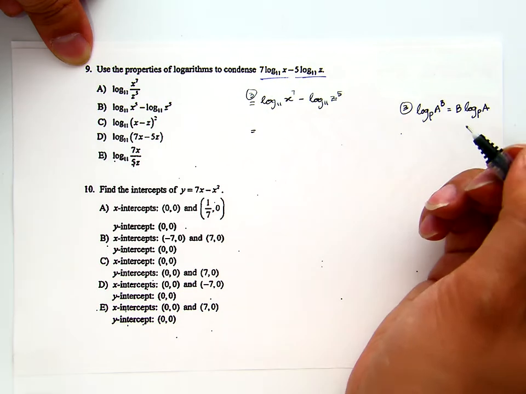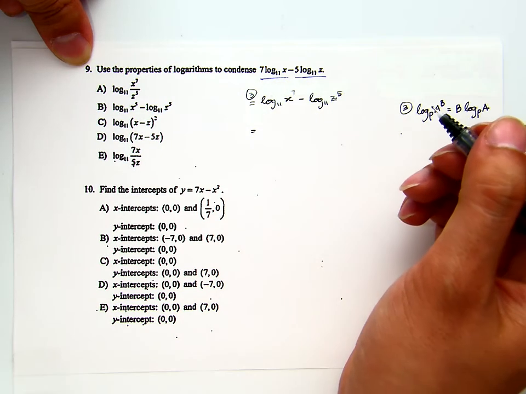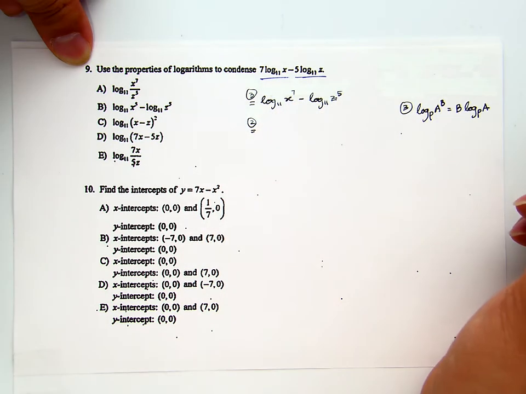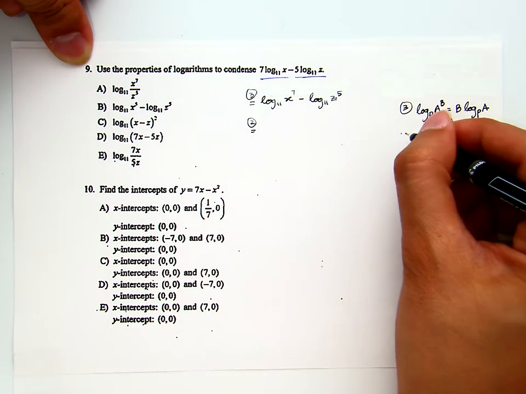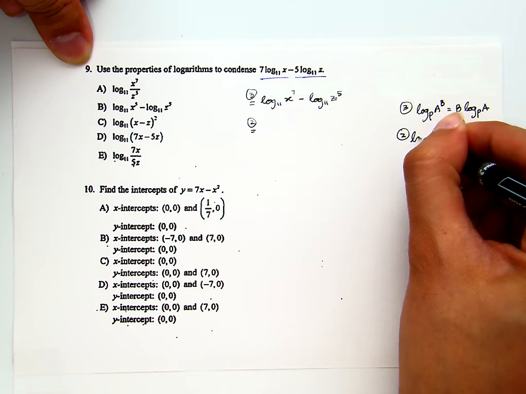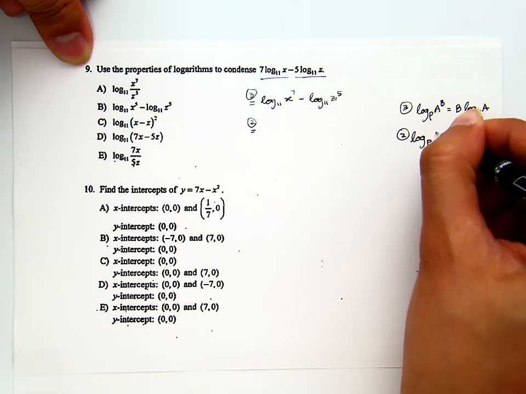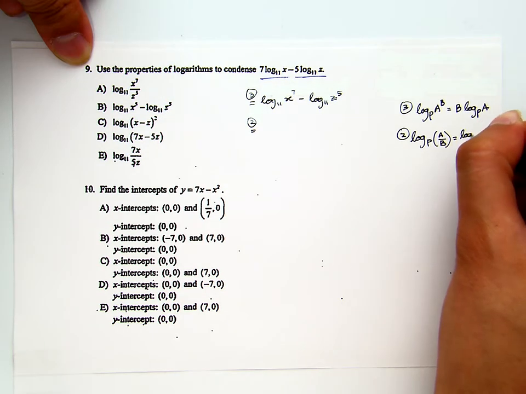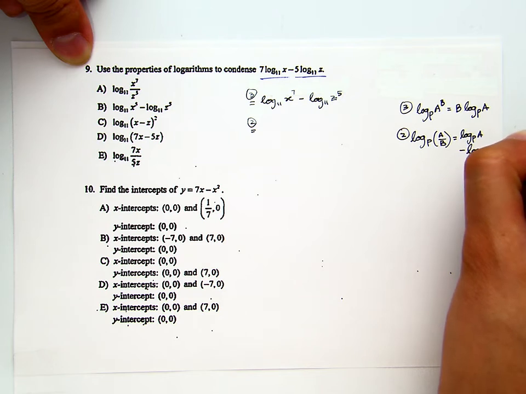Then this is equal to, I will now apply another property. I believe that's the second property in the logarithm section. The second property is log base p of the quotient a over b equals log base p of a minus log base p of b.